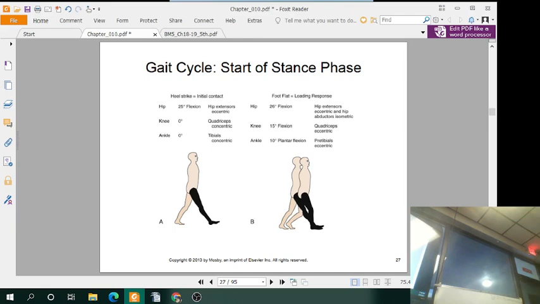You go to stance, then it goes to extension, swing stage, heel strike. Okay, that's what the gait cycle is talking about. And typically, I want you to know what stance is, double stance, and swing. That's the whole gist of it.